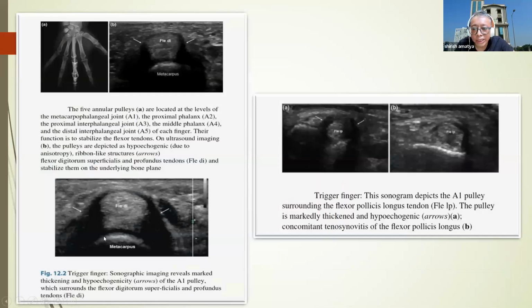This is basically a thickening of the A1 pulley, as shown by the white arrows. On the right side of the slide, there is marked thickening of the hypoechoic arch surrounding the flexor pollicis longus. This is the pathological pulley, and if this is seen on ultrasound, there might be a trigger finger in the patient.